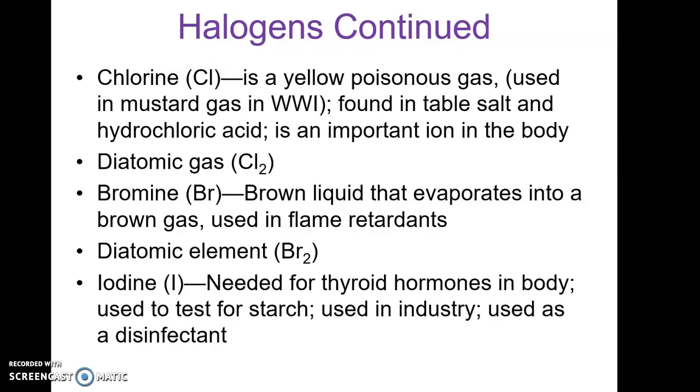Also, we've used this in biology to test for starch. Iodine is used in industry, and it's also used as a disinfectant. It has a yellow-brown color, so you probably used it as a disinfectant before. And this is also a diatomic element. It will form I2. It will bond with itself.